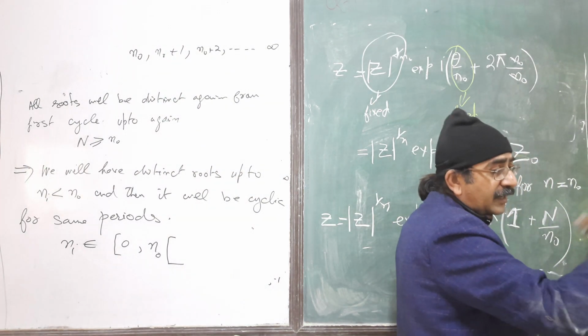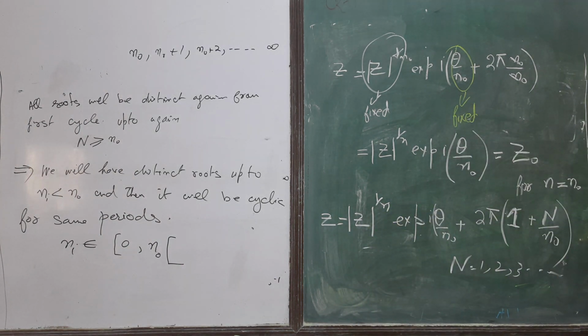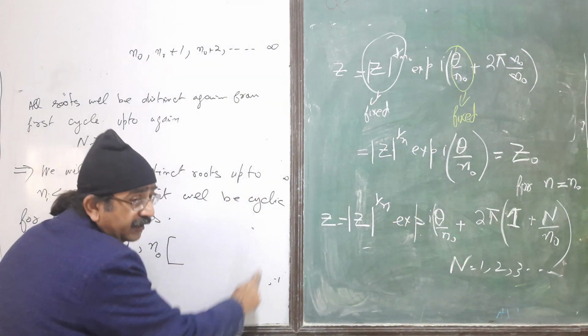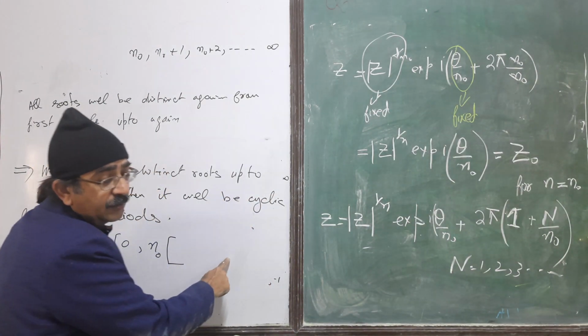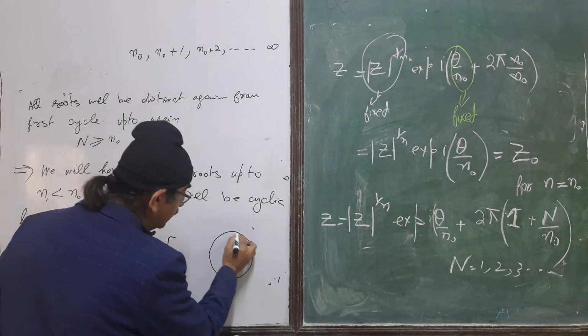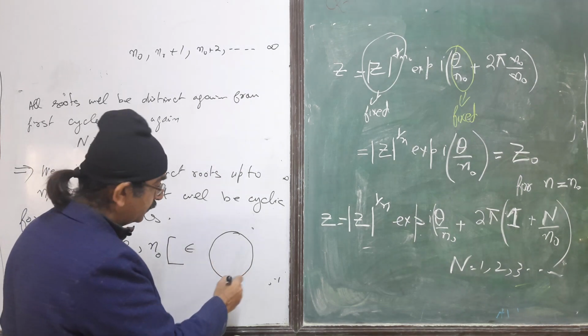Okay. So that means this angle will be 2 pi, which is effectively nothing, so that will be repeated again and again. For this set, this circle will be repeated. It means for this, one circle will be completed, then a second circle, then a third circle. So the number of roots will be, I should say, for this it will make one circle.